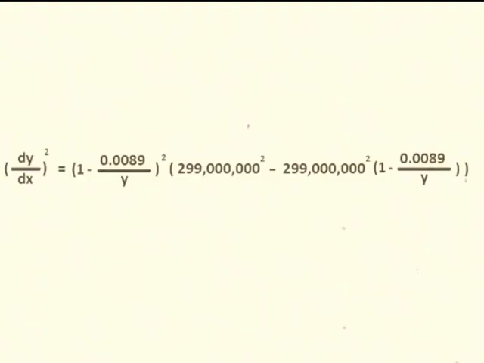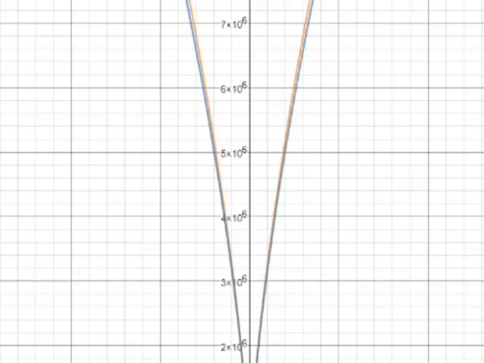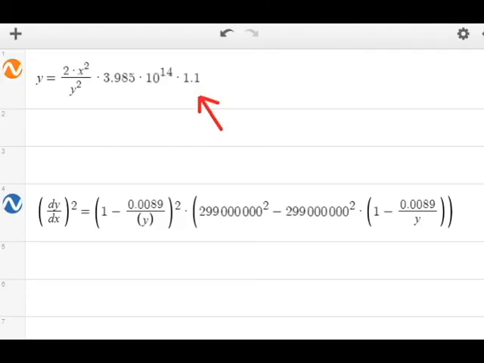I can graph this equation against the inverse square equation earlier, and I really see no difference. In fact, on this picture of both of the two, the only reason I see a difference at all is because I multiplied the inverse square equation, which is in orange, by a 1.1 term, just so I could see both of the graphs.